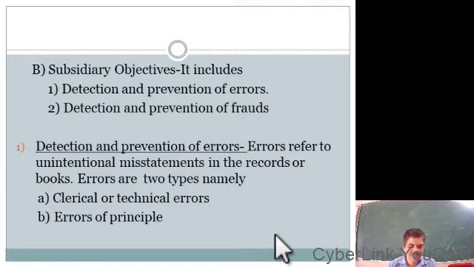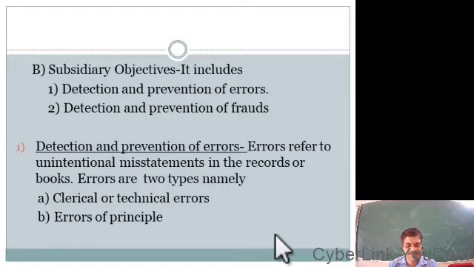Error may be defined as a mistake of negligence or misjudgment without an intention to defraud. The occurrence of error affects the financial statement. Audit aims at finding out all errors.